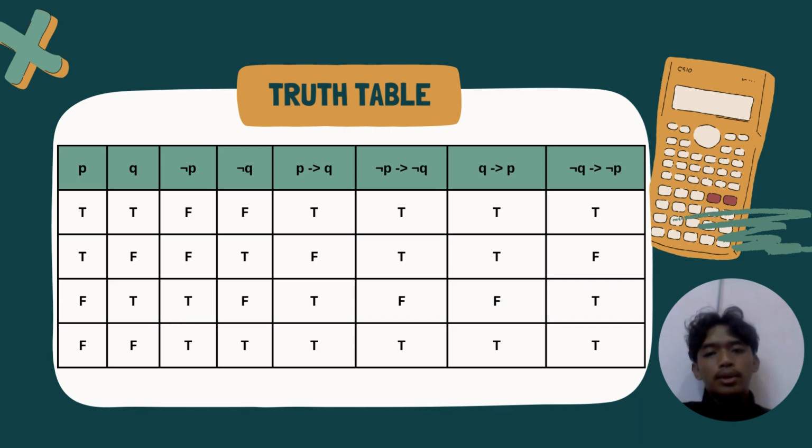When we think about it, converse and inverse are actually the same. So contrapositive actually undergoes two inversions, and that's why the truth values we got are the same as the conditional.